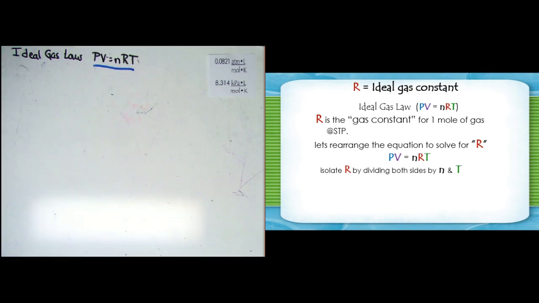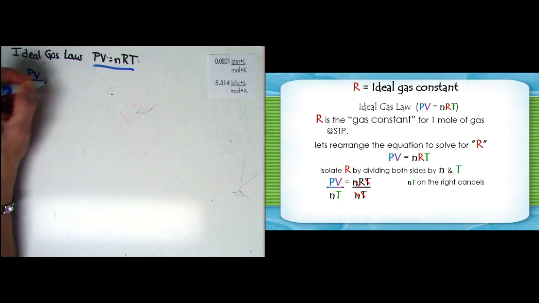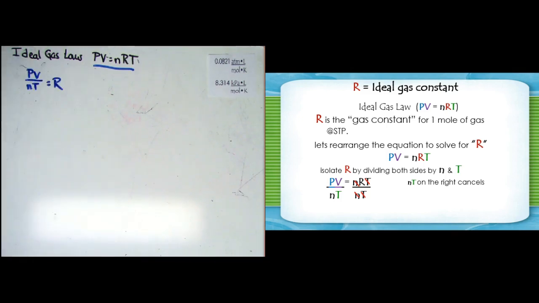So let's rearrange the equation PIV-NERT to show you what the units are. Let's isolate R by dividing both sides by n and T. We can see that the n and the T cancel, and you end up with PV over nT equals R.